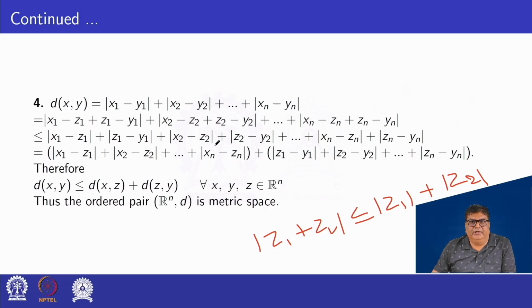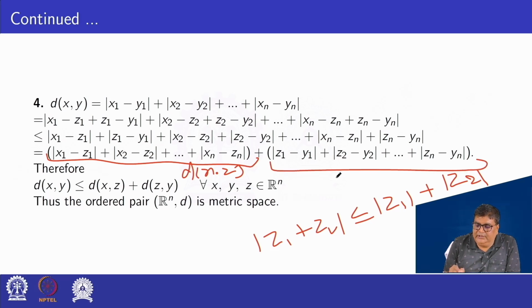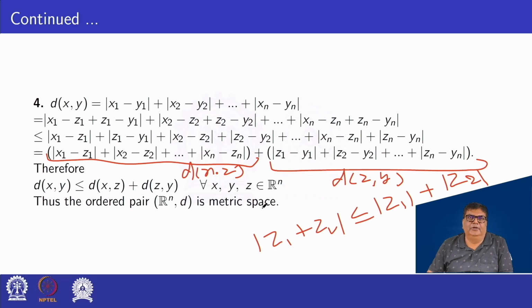This is the expression of dxz from here, and this is dzy. So dxy less or equal to dxz plus dzy. Thus the ordered pair R and D is metric space because all four conditions of metric are satisfied, then the ordered pair R and D is called metric space.